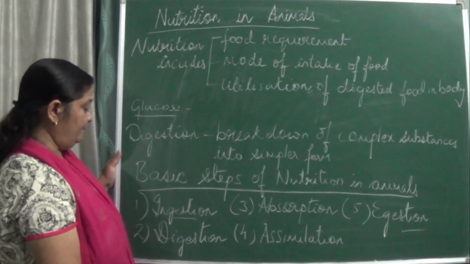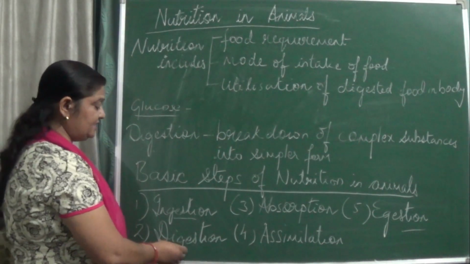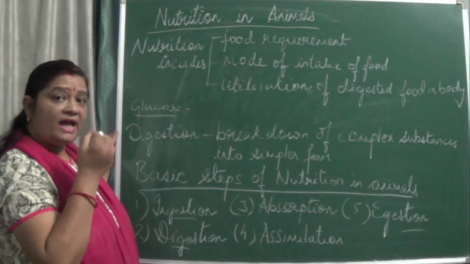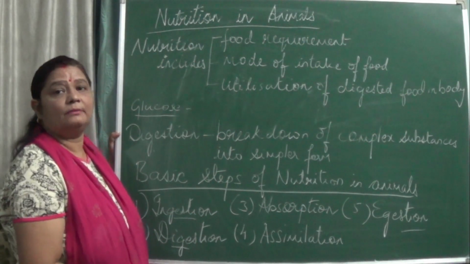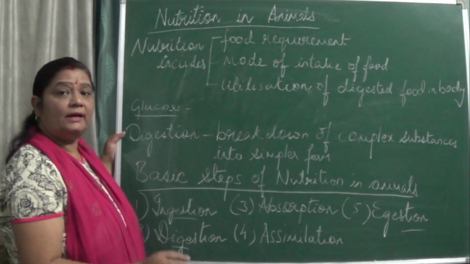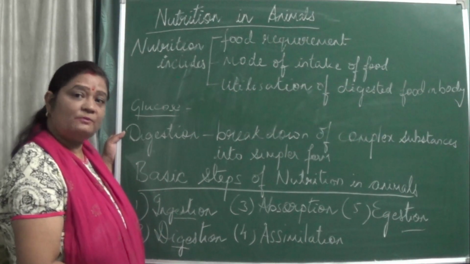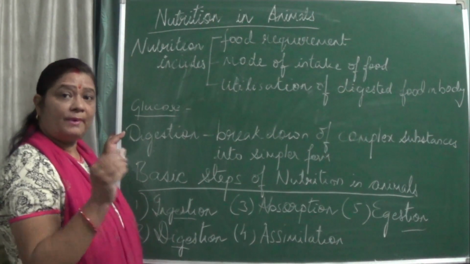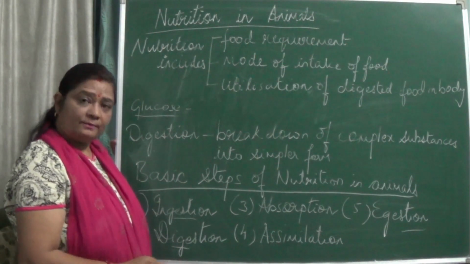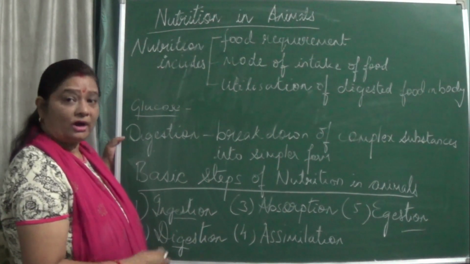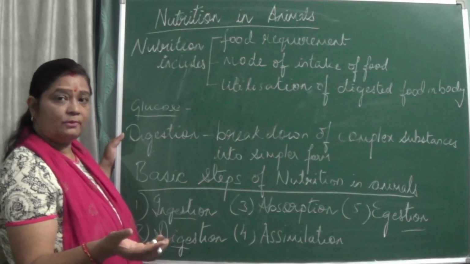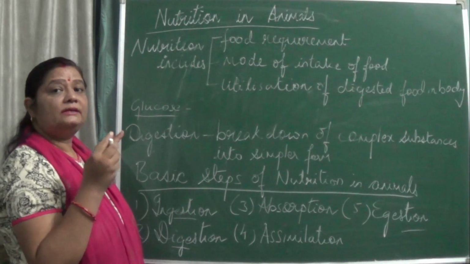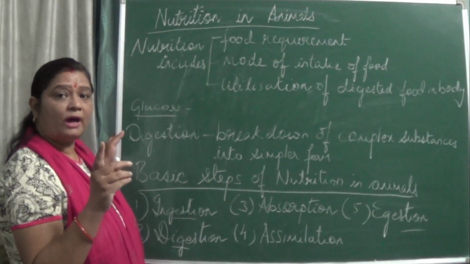Just taking that food and putting it into your mouth is what? Ingestion. Now second is digestion. As soon as the food is kept inside the mouth, what happens here? Partial digestion of carbohydrate starts. Suppose if you have eaten chapati, chapati consists of what? Carbohydrate. Or rice, it consists of what? Carbohydrate. In the mouth, partial digestion of carbohydrate takes place.